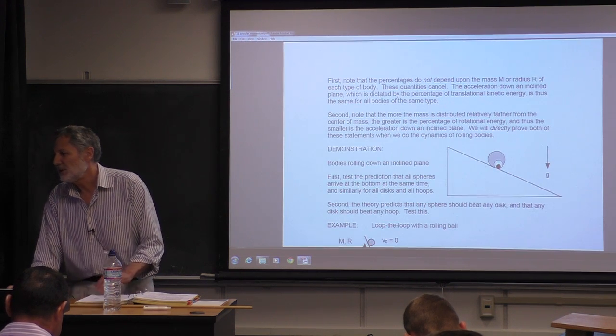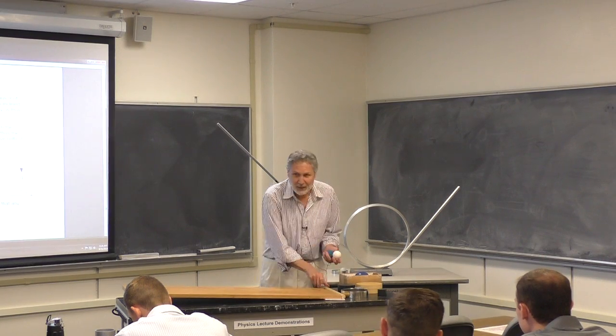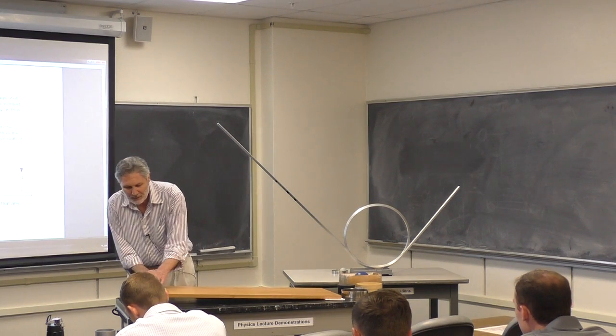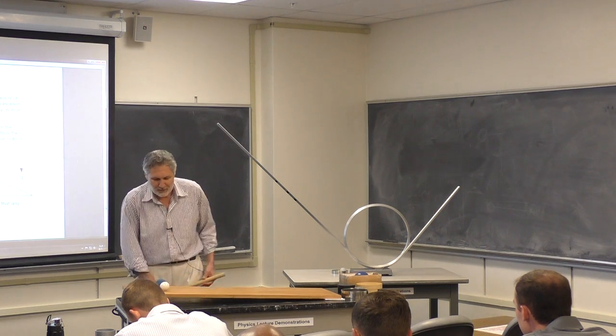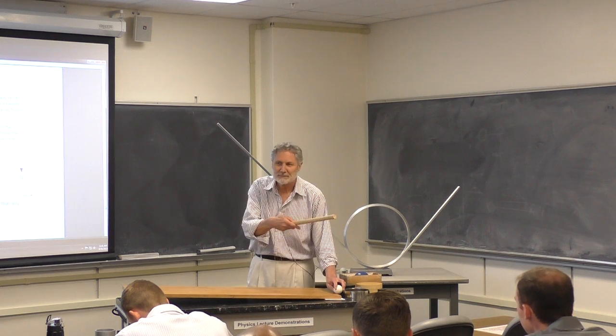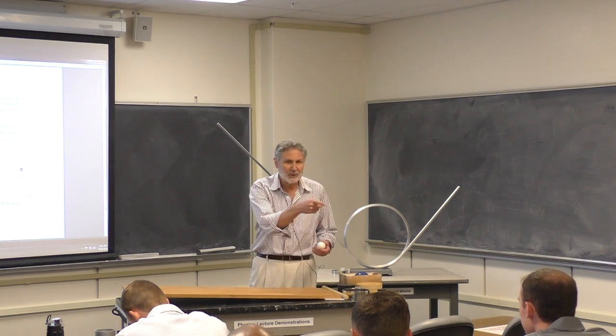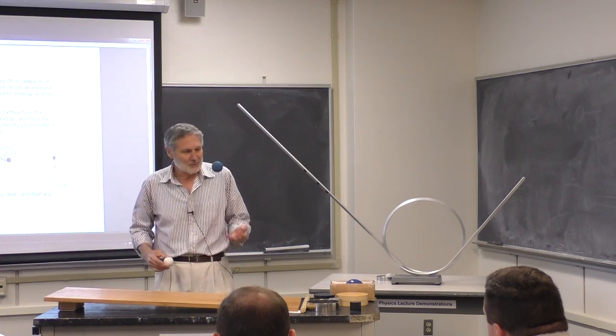Okay, any questions? Oh, I got one. So all spheres should make it to the bottom at the same time, right? We have a winner. Adam. This is a racquetball.